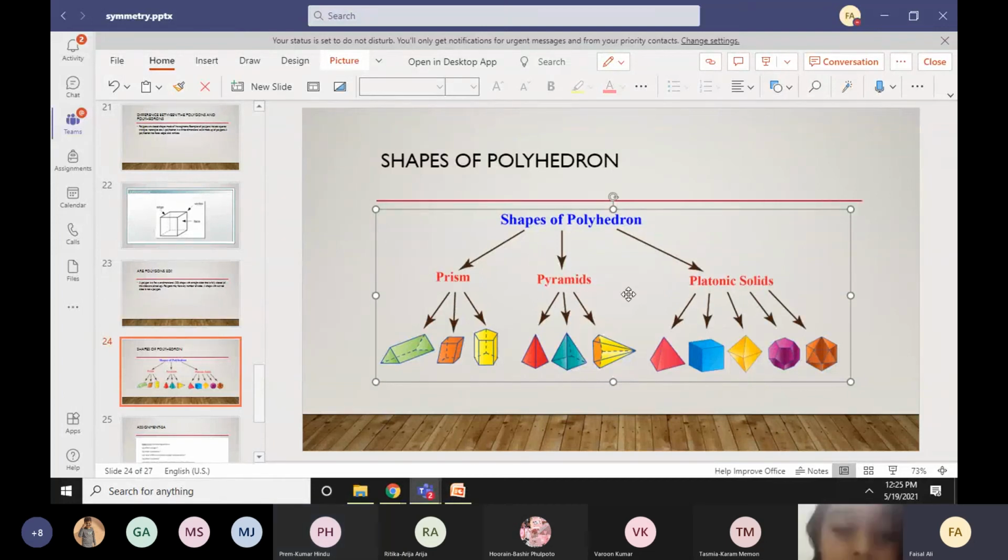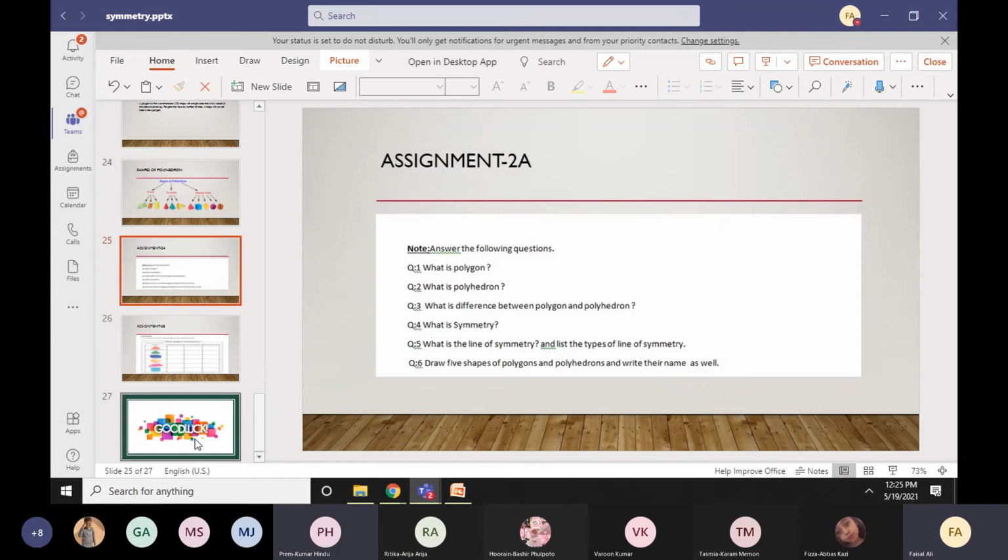And now our today's assignment is, you have to answer the following questions. Number 1, what is a polygon?